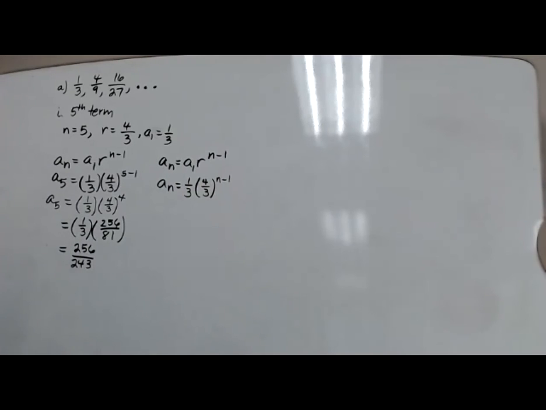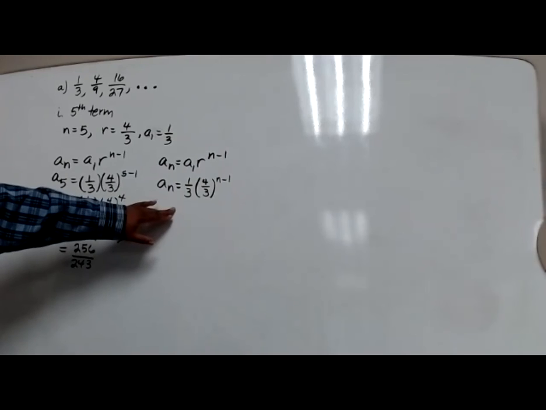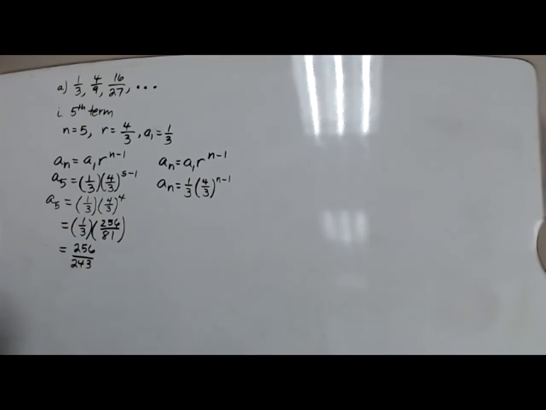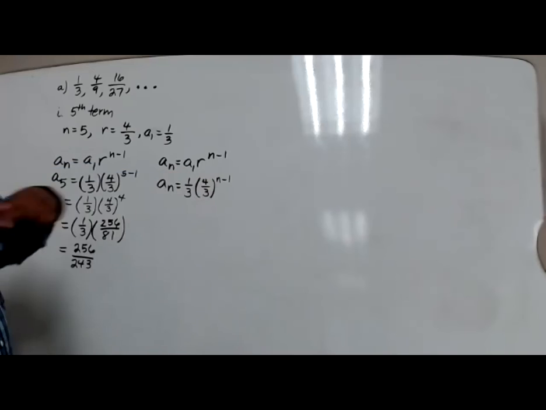That's as far as we can go with that problem. I'm not going to be able to multiply 1/3 times 4/3 because that 4/3 is raised to the n minus 1. Questions on part A?